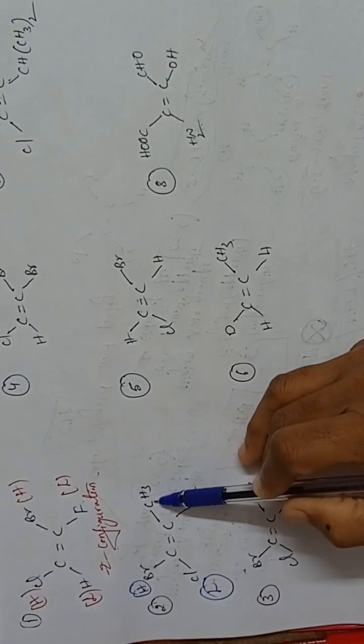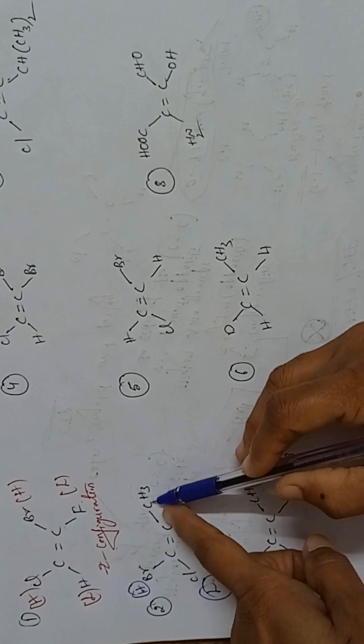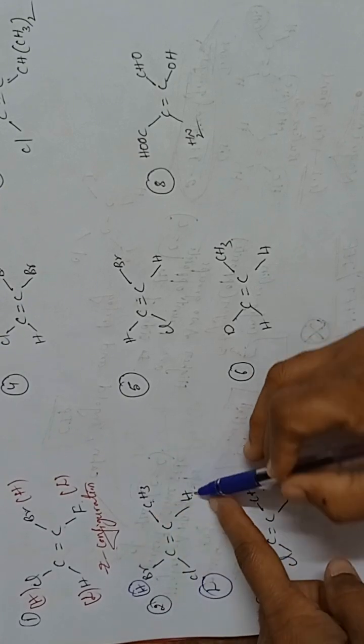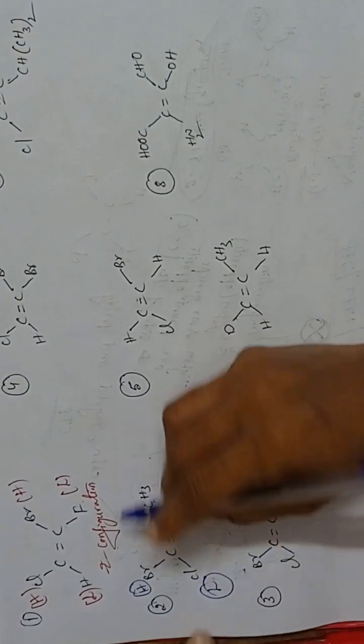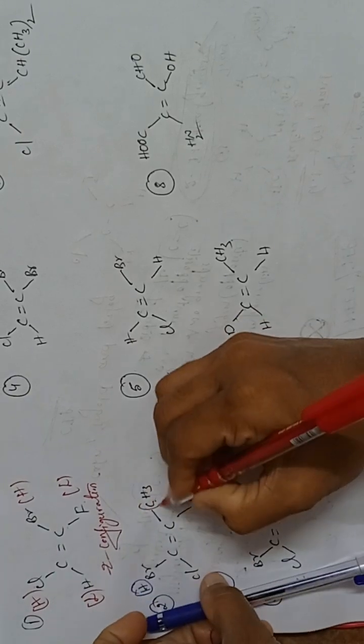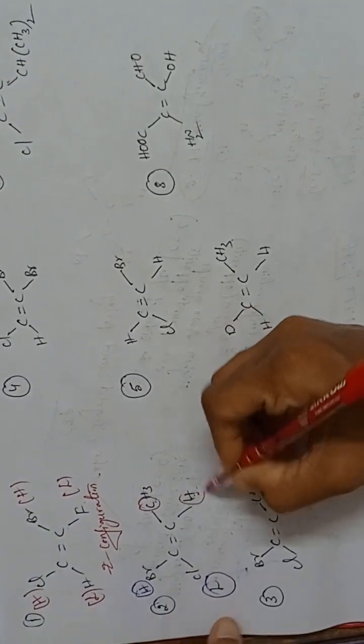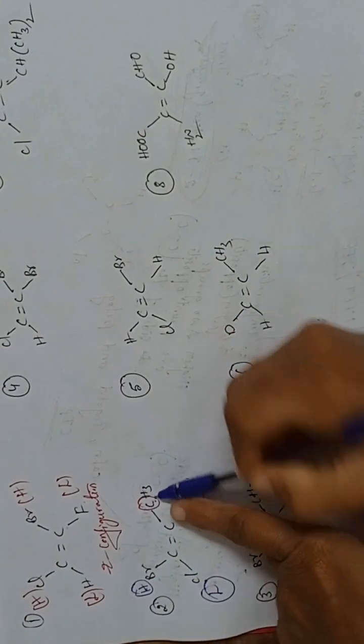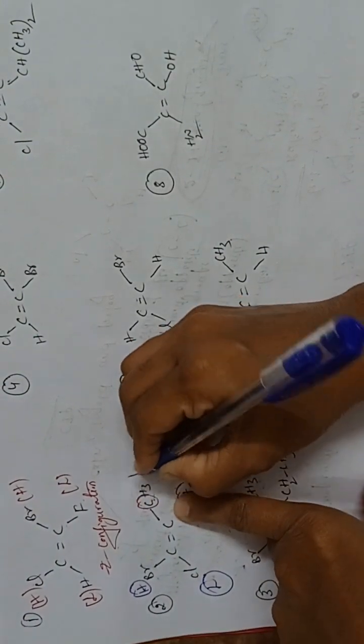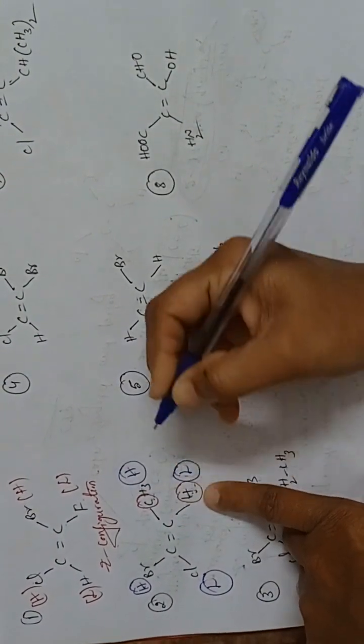That you have to consider. In the methyl group, carbon is the first atom. Here the atom is hydrogen. Understanding? Between hydrogen and carbon, which has more atomic number? Carbon. So it has the higher atomic number, and this is the lower atomic number.